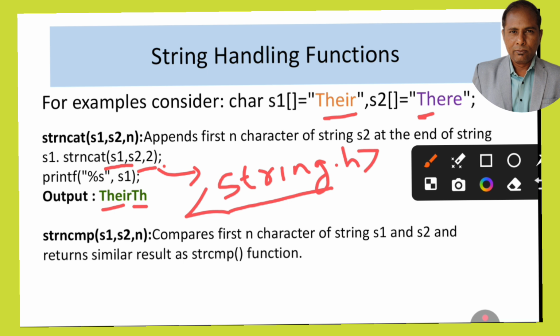It will compare n characters of strings s1 and s2, where n is the number of characters we want to compare. These are some of the string functions we have seen.